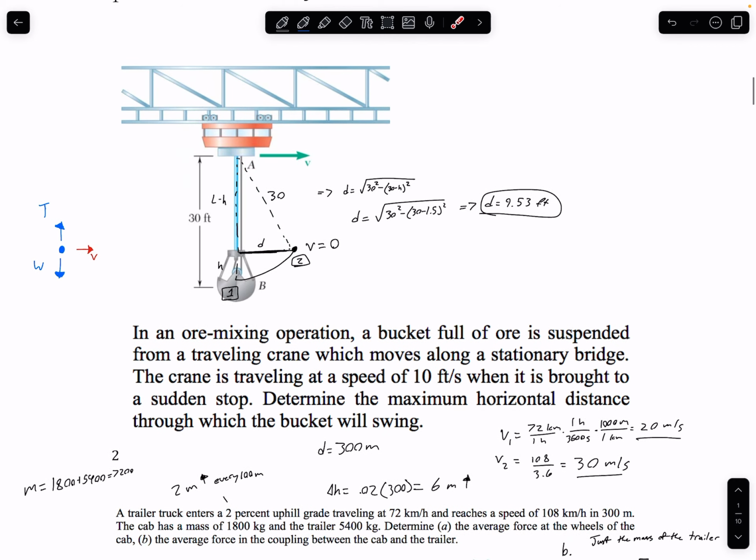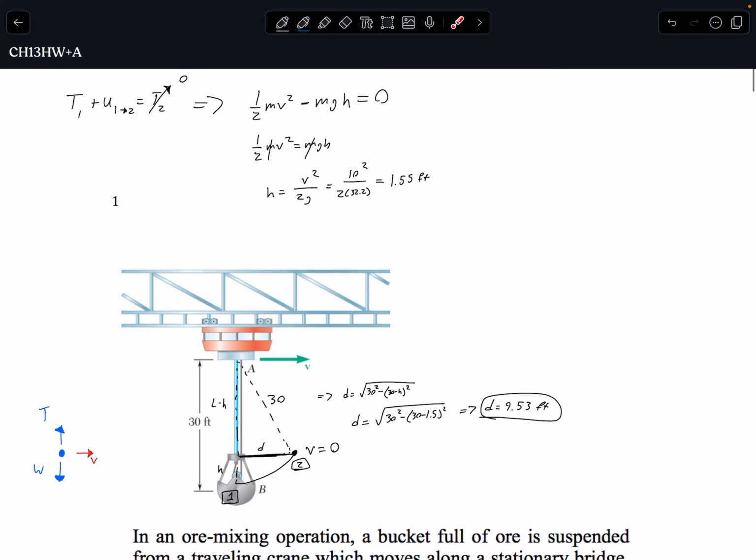We're given an initial speed of 10 feet per second, and we're looking for the distance that it will cover, but we can find that using conservation of energy and work done.